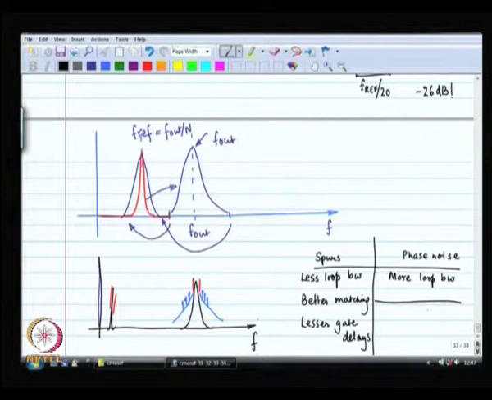So, there are a lot of reasons why you want to have large loop bandwidth. So, either you have to live with the spurious frequencies, or you have to do a better job with the matching between the push and pull current, up and down current, and you have to have lower gate delays.